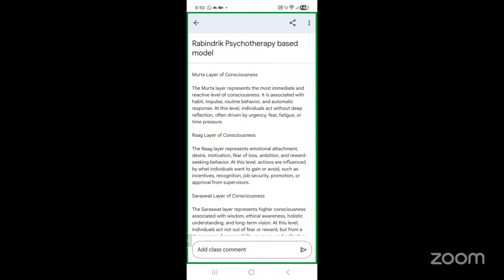They are teaching others about safety and they have internalized the safety. That means they are lying at the Saraswat layer of consciousness.